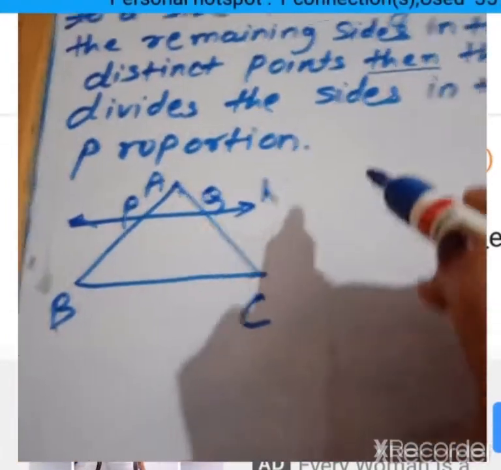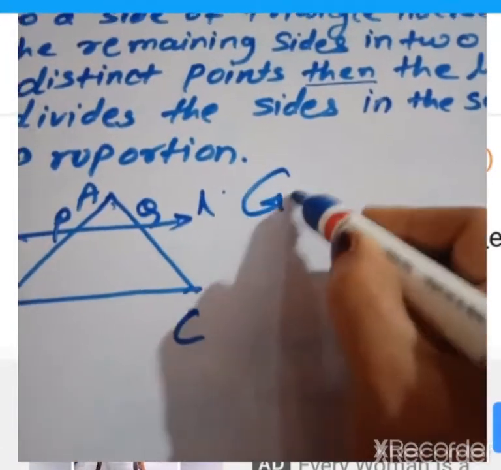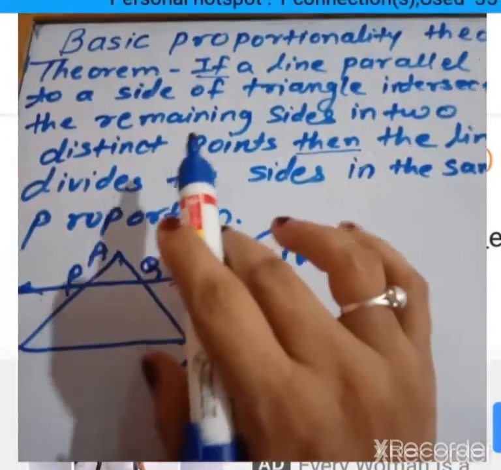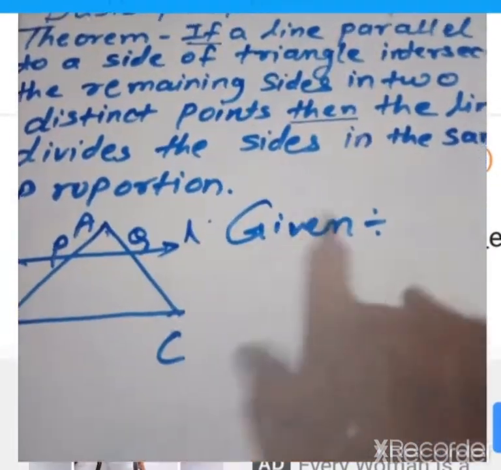Then from this, first write the given. The sentence after if is called the given. What is the given?